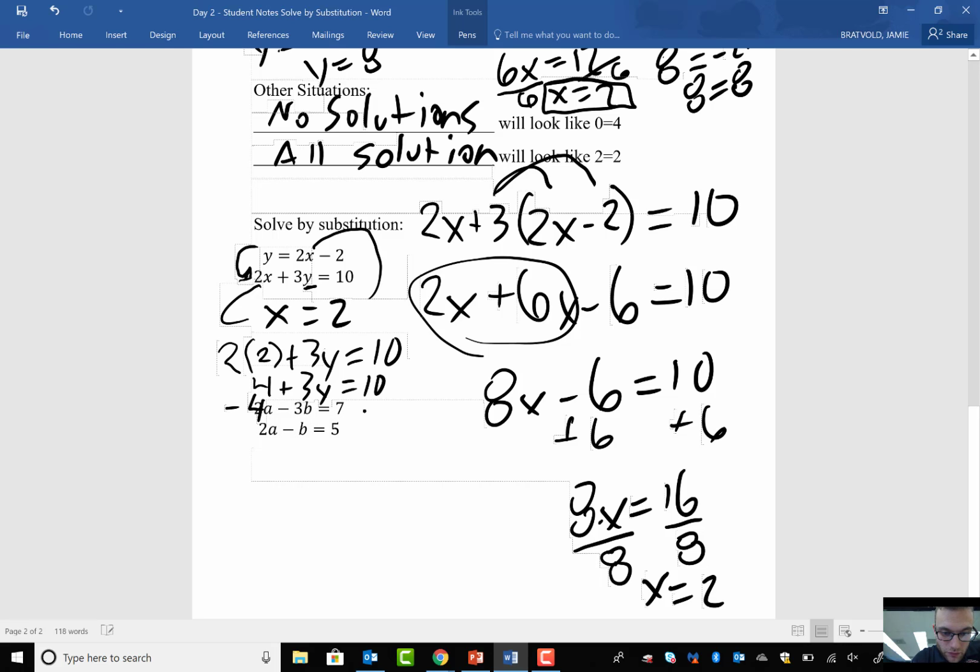Subtract my 4, because it's a positive 4. I'm going to get 3y equals 6. And then I'm going to get y equals 2, from dividing by 3. So then again, my final answer will be 2, 2.